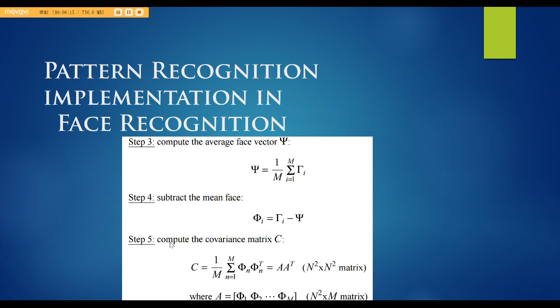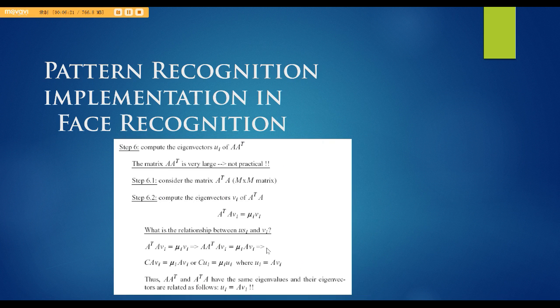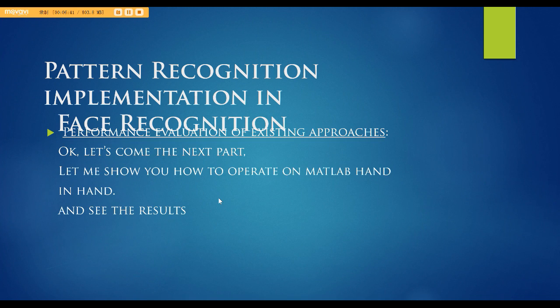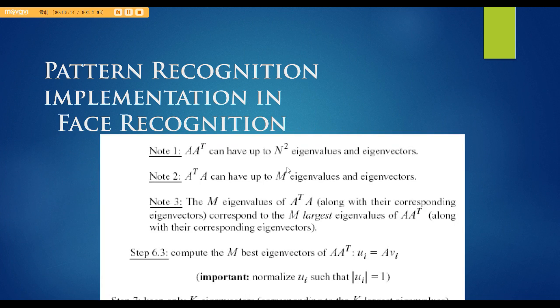The fifth step is to compute the covariance matrix C. Then compute the eigenvectors Ui of C, which is A times A transpose. Since it's very large, it's not practical, so you have to follow these three steps.